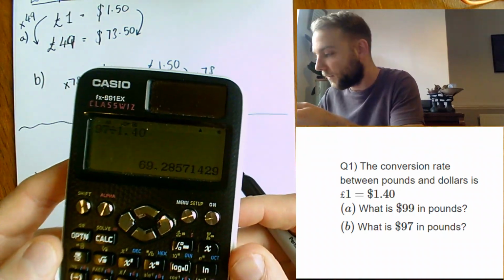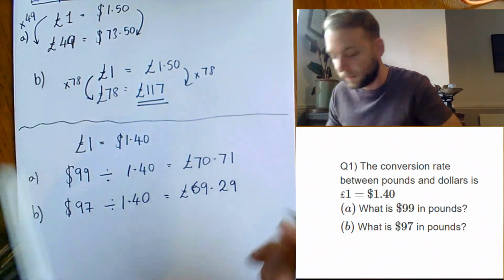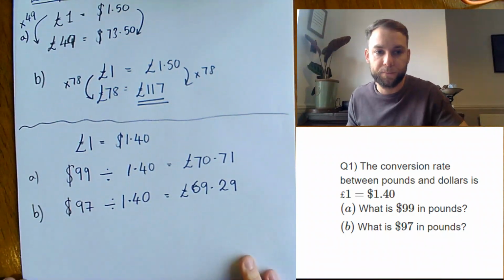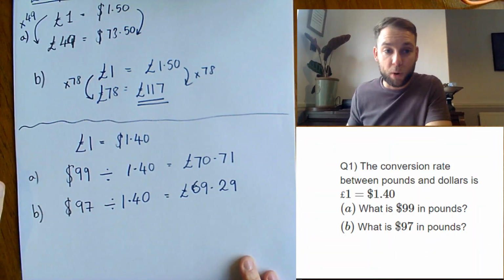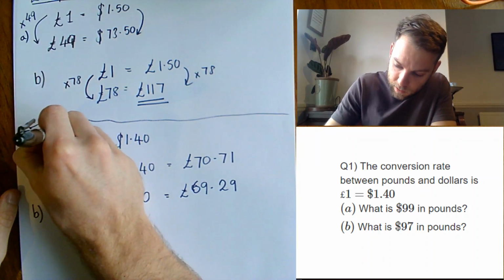Now that 5 means I'm going to need to round up, so it's going to be 29 cents. Nice and straightforward there. Make sure you're getting both of these questions down in your book. That's example 1 and this is example 2.